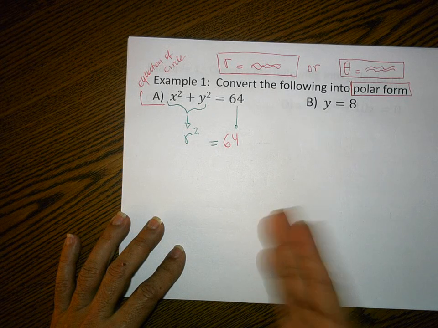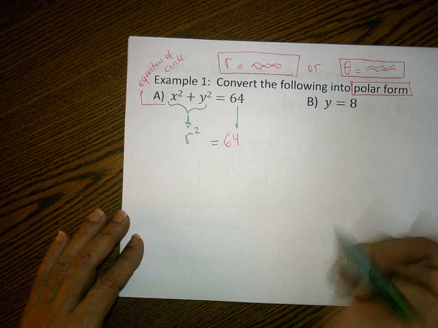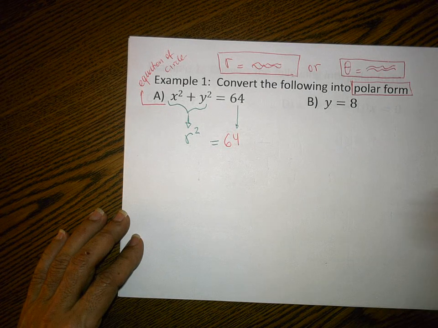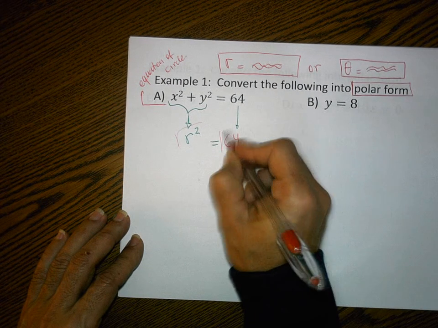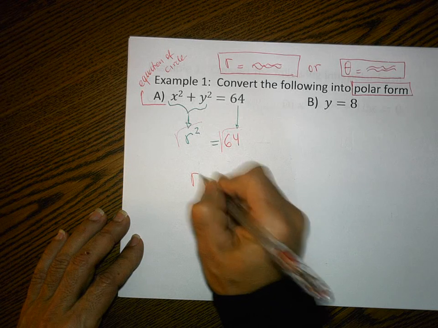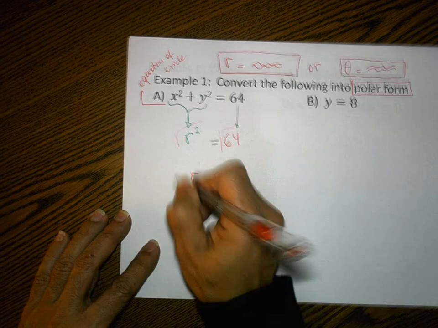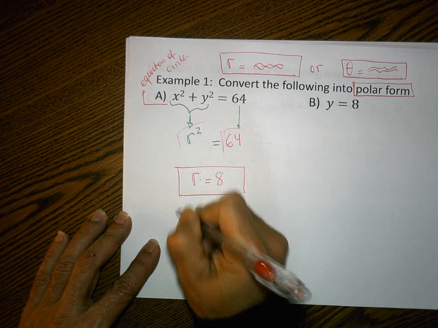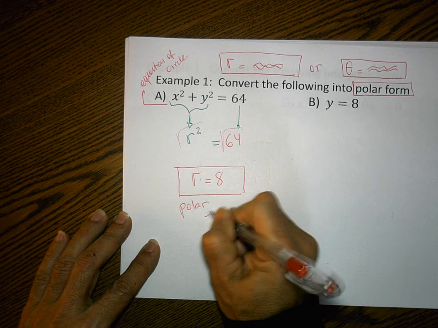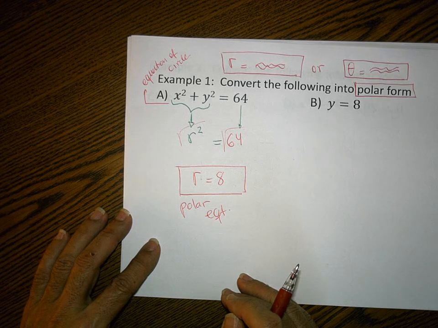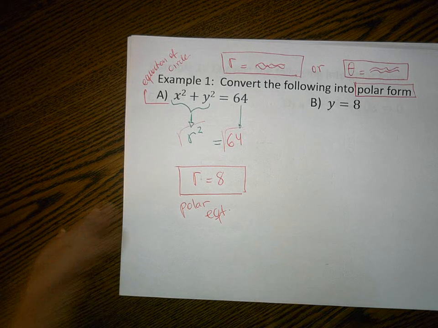So I will take the square root on the left and the square root on the right. Since radius only has positive, I'm only going to do r equals 8. And there we go. I have a polar equation, by simply using substitution.